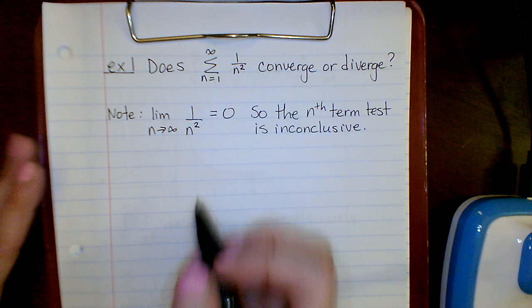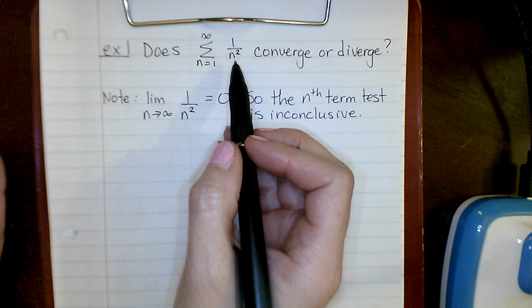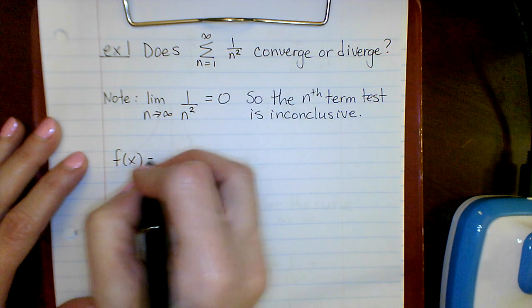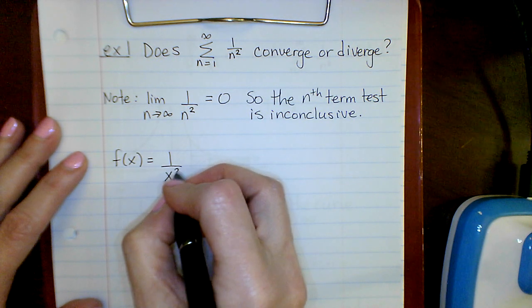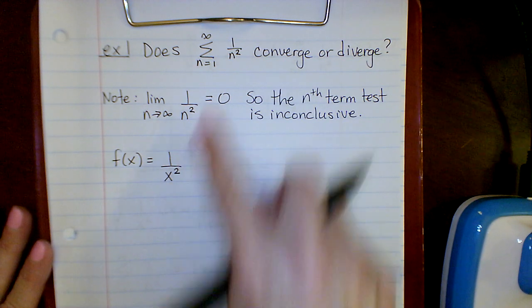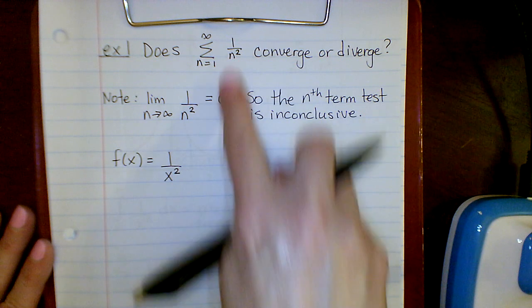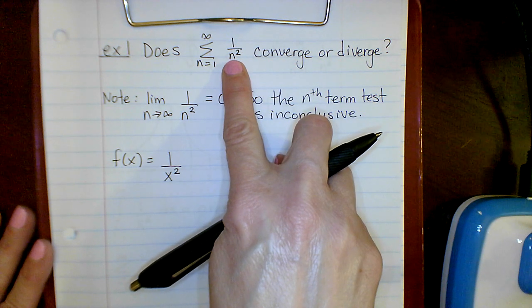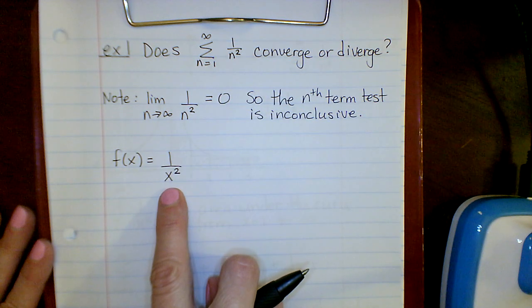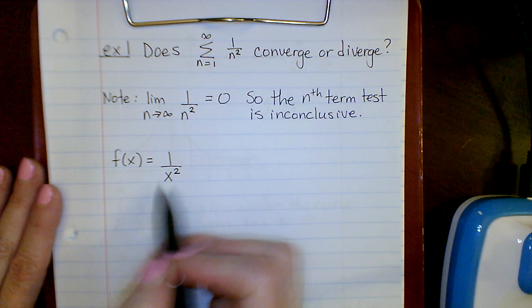All right, let's look at the corresponding function. So let's look at the function f of x is 1 over x squared. This function is going to have the same values as this series does. When I plug in 1, 2, 3, the function is going to have those same values and more because we get those in between values here.